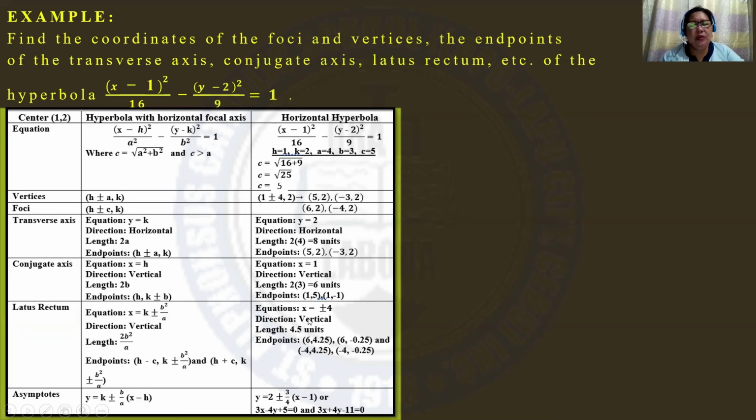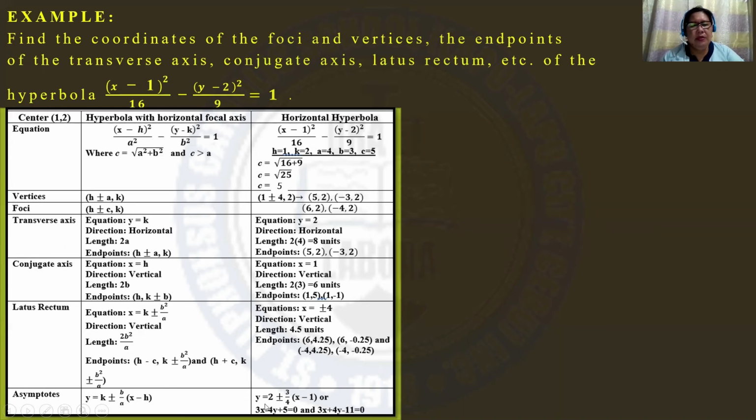Equation of the latus rectum, we have x is equal to positive or negative 4. For the direction, it's vertical, 4.5 for the length of the latus rectum. And the coordinates, we have (6, 4.25), (6, -0.25), (-4, 4.25), (-4, -0.25).